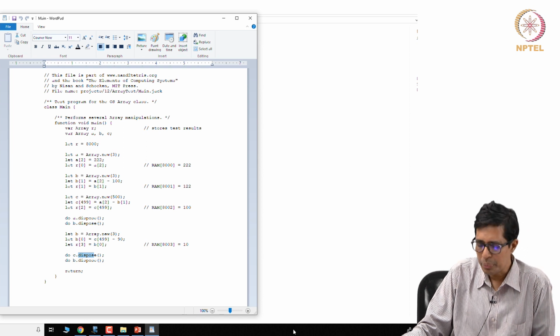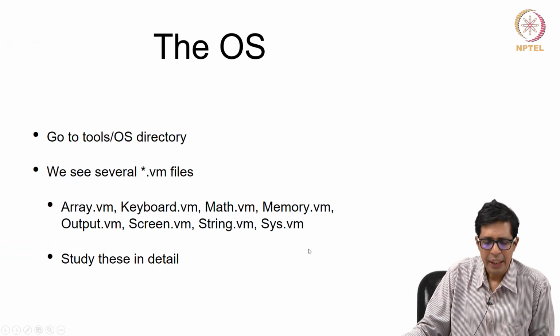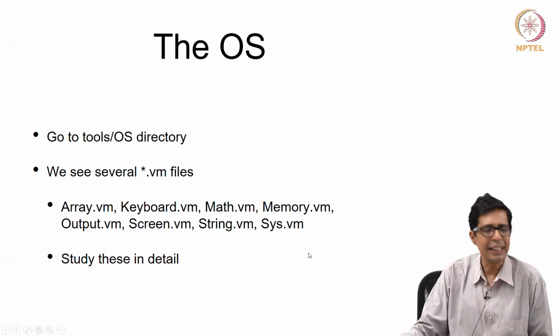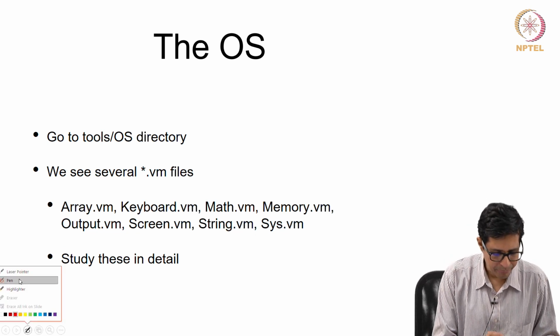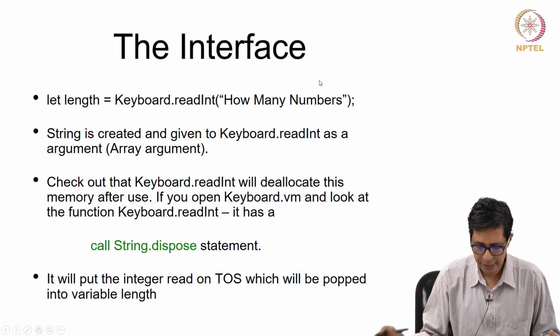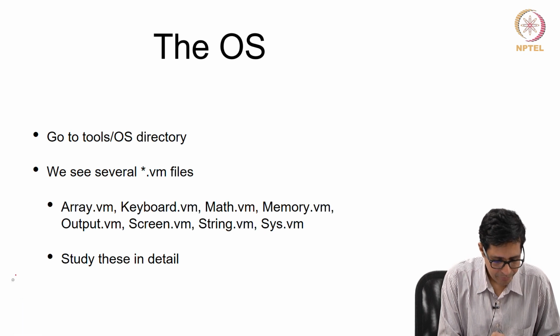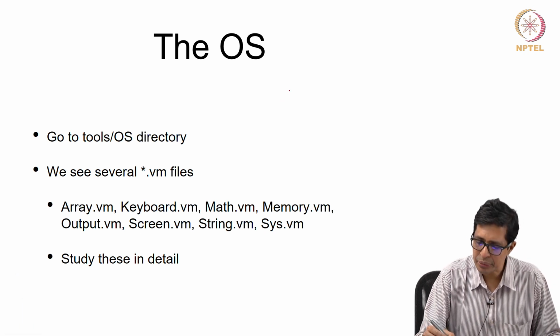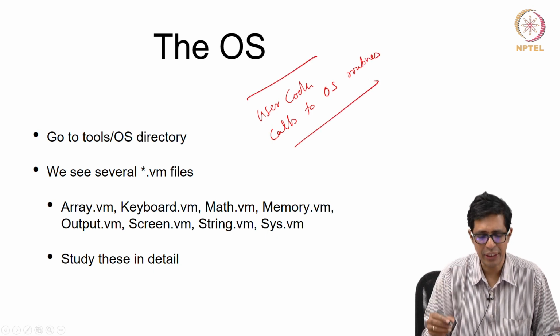So now to go back to where we are, every program basically has two components. Component number one is whatever you are writing, the original user code, and there are calls to operating system routines. The same thing is what we are seeing here.